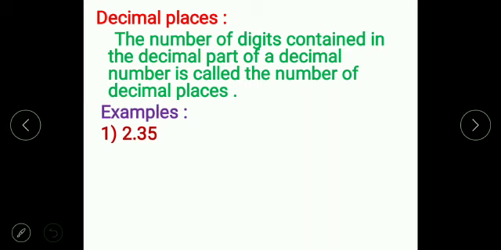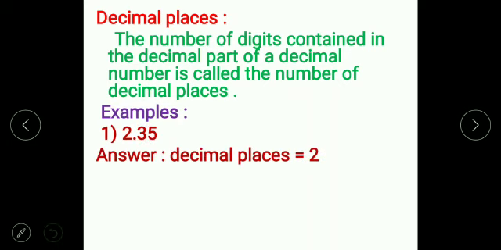The first example is 2.35. Now we know that this one is called the whole part, and this one is called the decimal part, right? Check how many digits are in the decimal part. Count the digits after the decimal point: 1, 2. This is called decimal places.